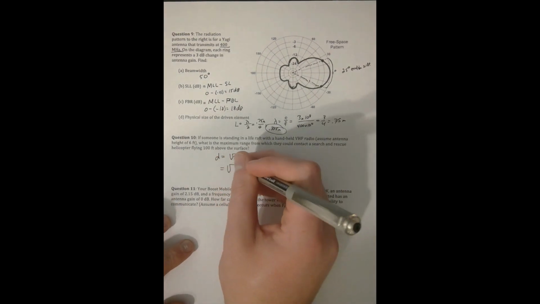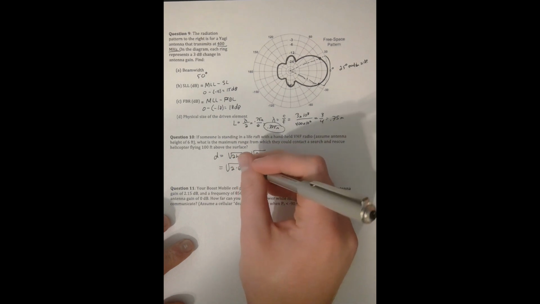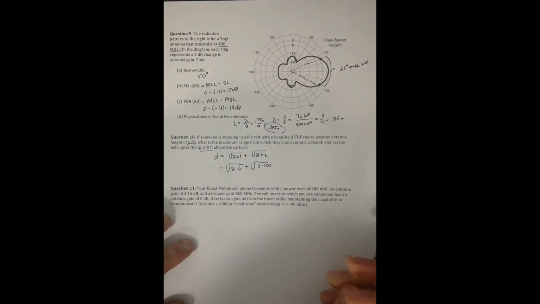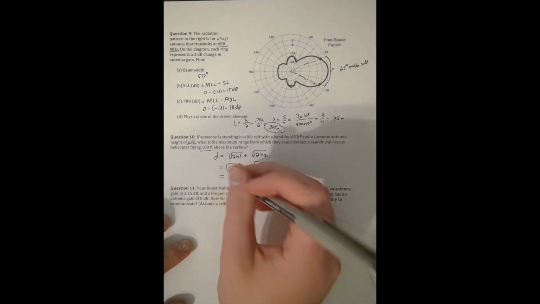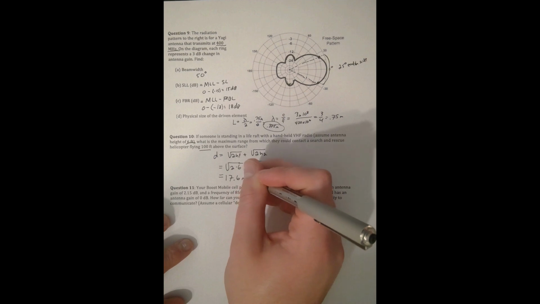In this case, H1 is 6 feet, so square root of 2 times 6 plus square root of 2 times 100. We're just finding the feet in the word problem that we're given. And that's going to be approximately, I lost it on my sheet here, 17.6 miles.